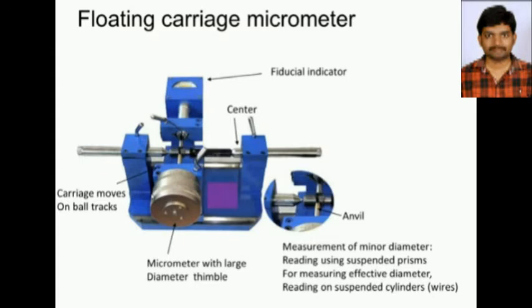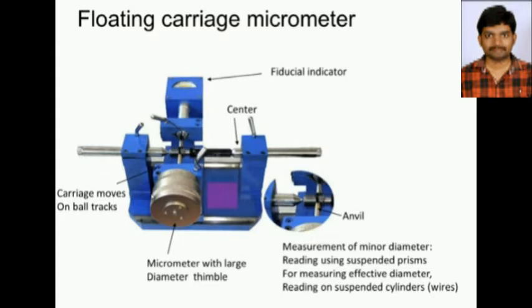Now perpendicular to the center axis, we have another axis wherein the micrometer with a large diameter thimble is provided, and on the other side we have a fiducial indicator to indicate a measurement pressure.